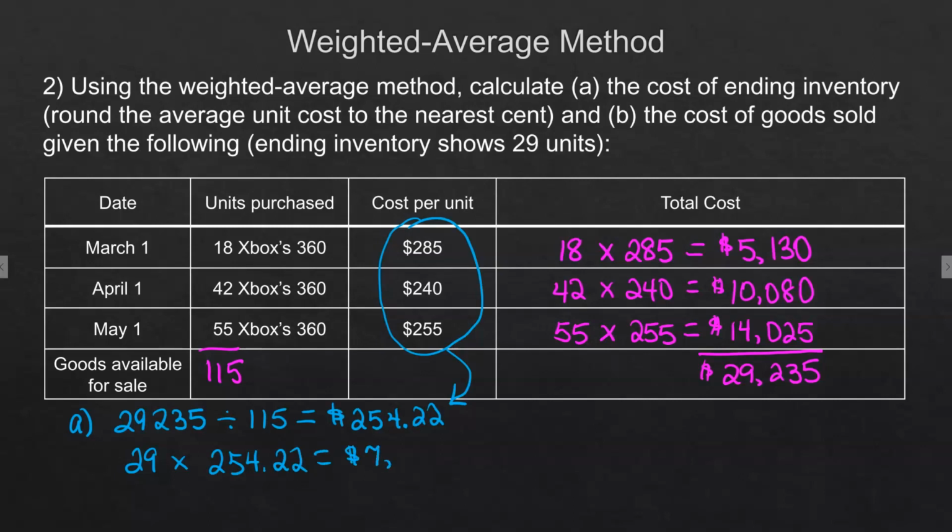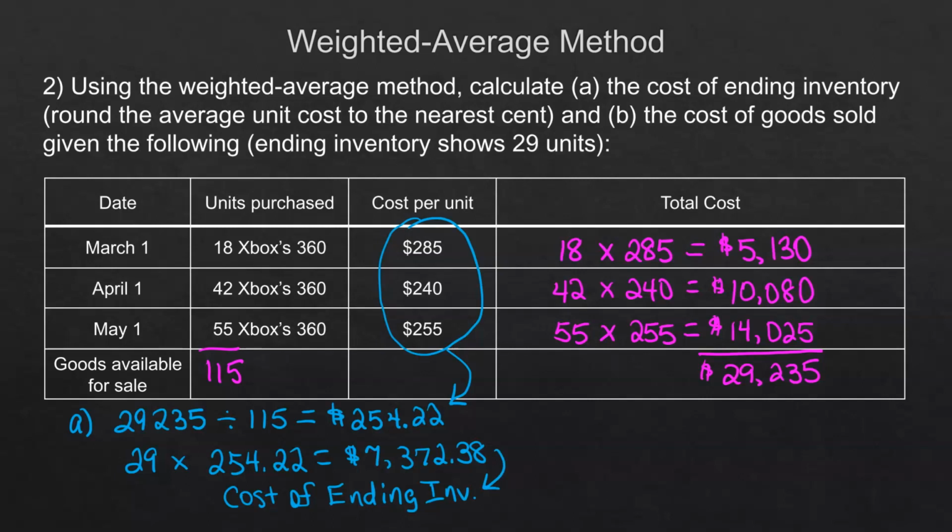So it's 7,372.38, and that is our cost of ending inventory, right? So cost of ending inventory right there. Okay.